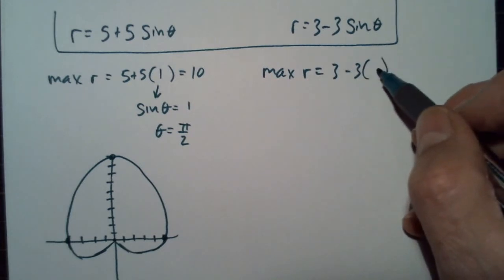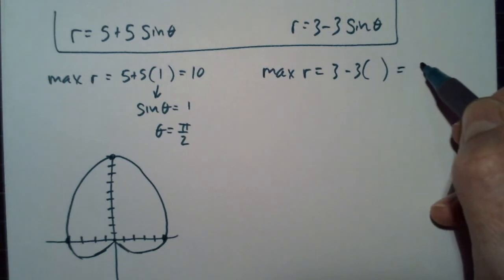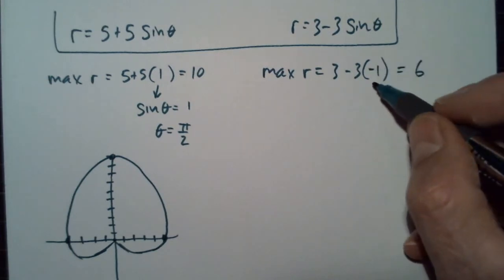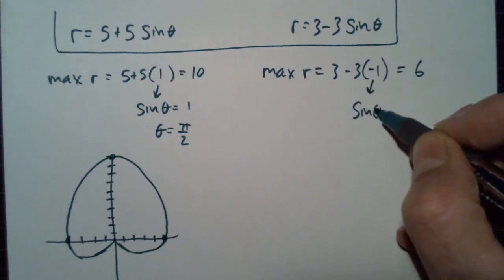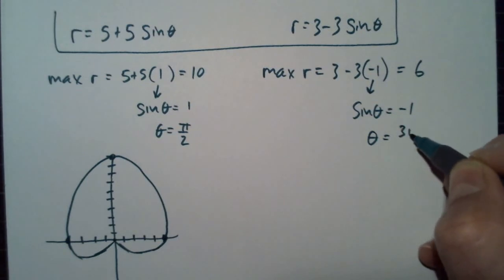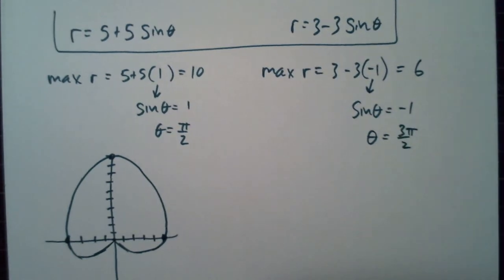What number do we put here to get the maximum radius? Well, the maximum is going to be 6. We would have to put a negative 1 there. So we need to know when sine is negative 1, and that is when theta is 3 pi over 2.